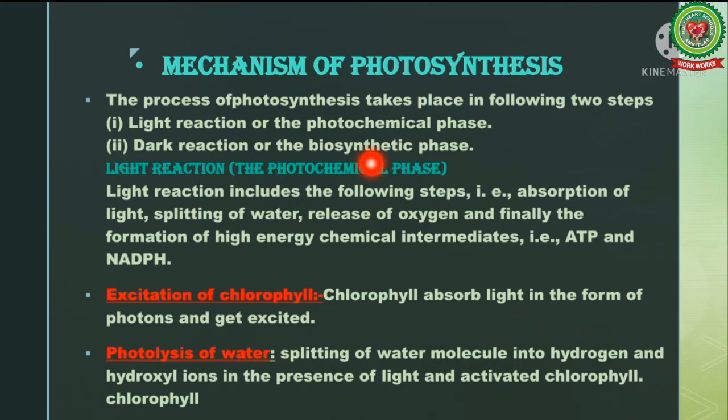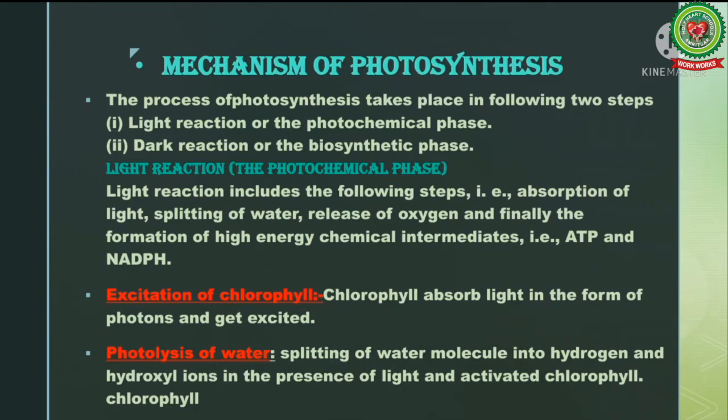This process is also called as Blackman's reaction, as it was explained by the scientist Blackman. It is also known as biosynthetic phase because here the chemical energy produced during light reaction is utilized to convert or to fix carbon dioxide to form organic compound, that is glucose.